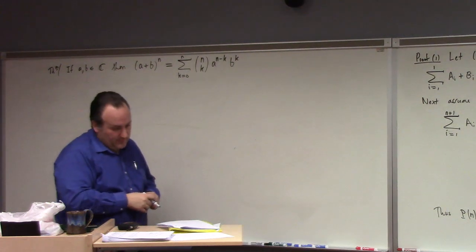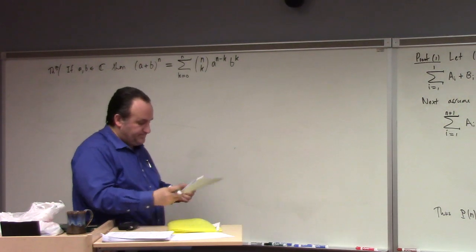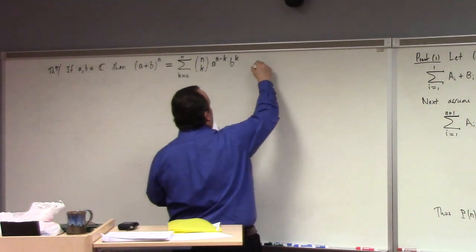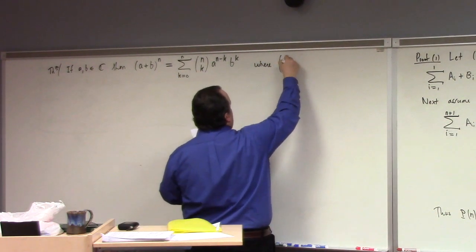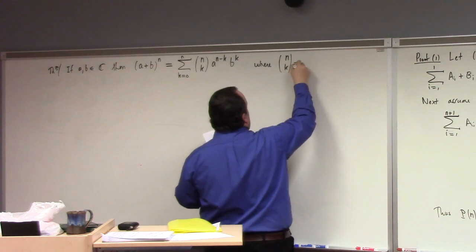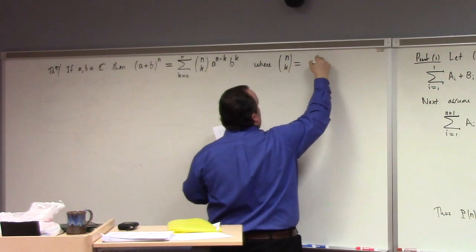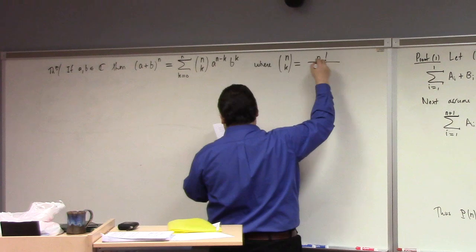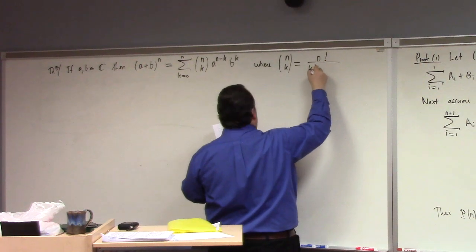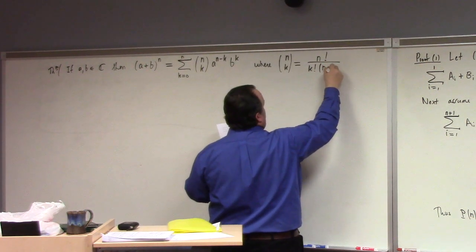All right. Where n choose k is equal to n factorial divided by k factorial times (n minus k) factorial.